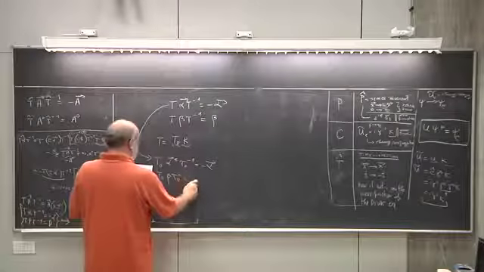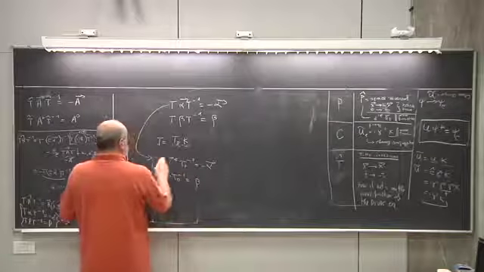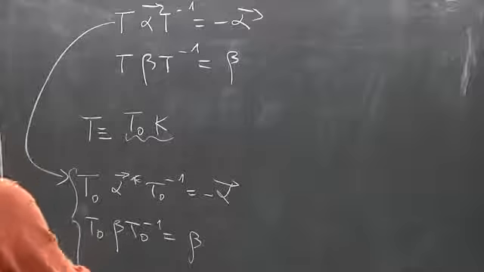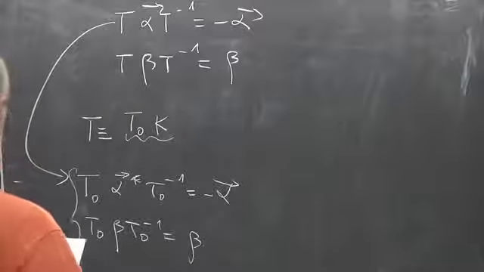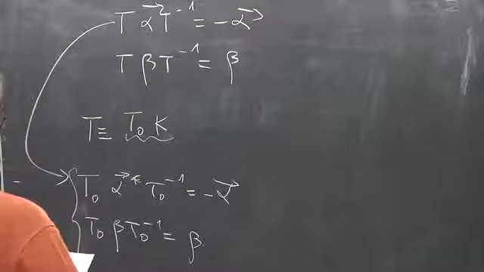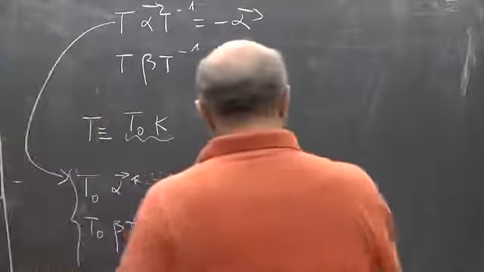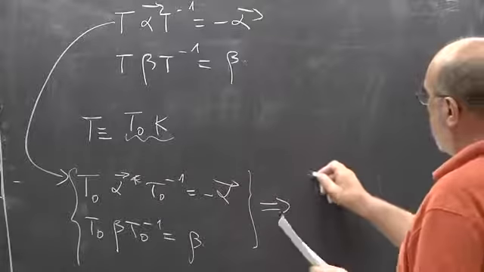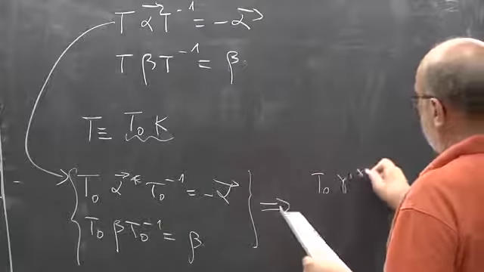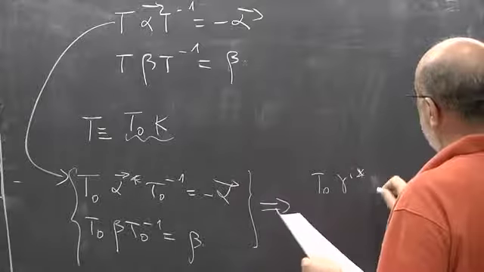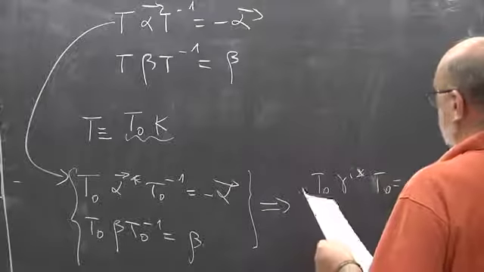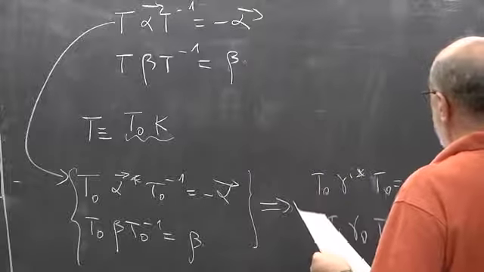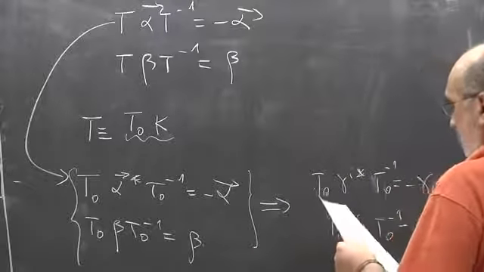So the T I have written in this manner because I know that the first thing it does is complex conjugation. Okay, well, you can turn these things into relations among the gamma. This means T0 gamma i star T0 equals minus gamma i, and T0 gamma 0 T0 to the minus 1 is equal to gamma 0.